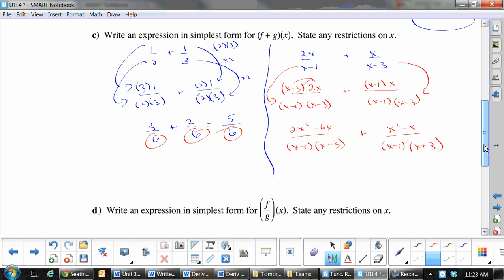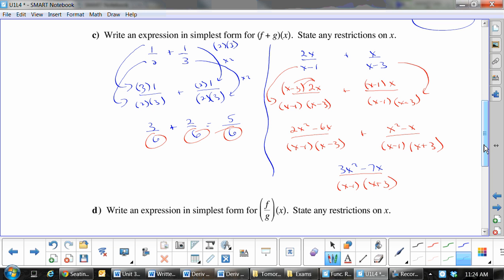Now the one thing I can guarantee you is this is what my bottom is going to look like after I add them together. Just like look at the 6s: 6, 6, 6. Same thing. So then I got 2x squared plus x squared, which is 3x squared, and then minus 6x minus 1x, which is minus 7x.